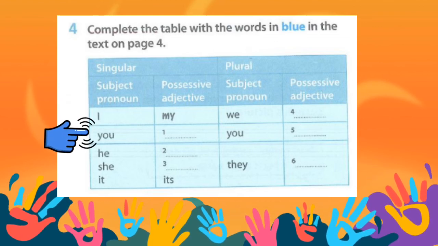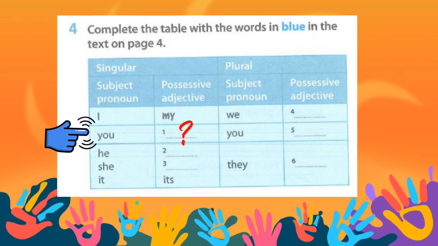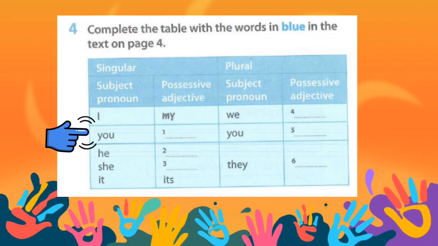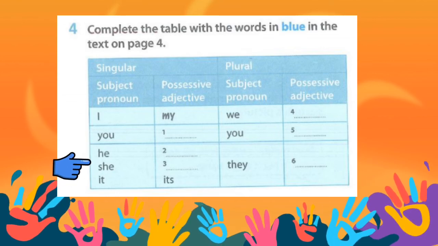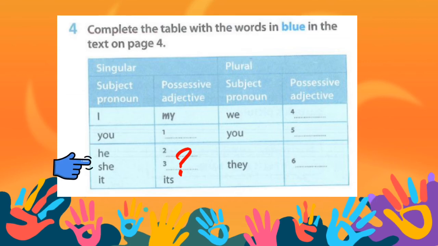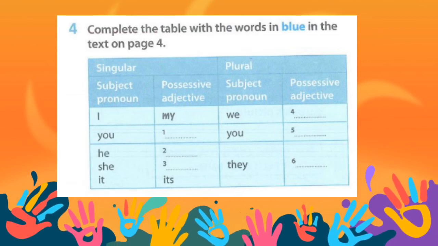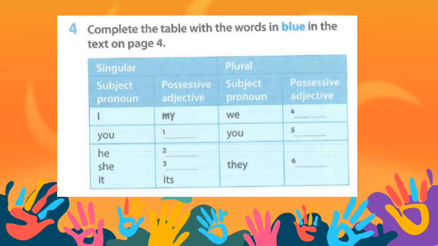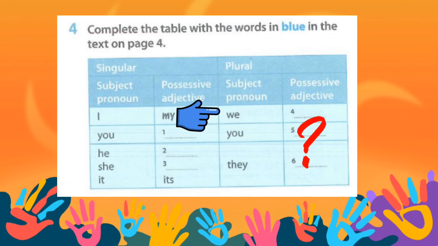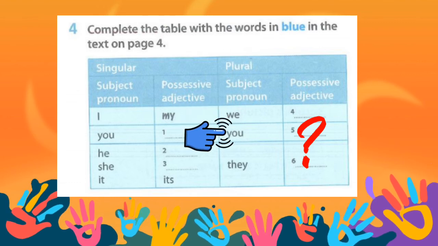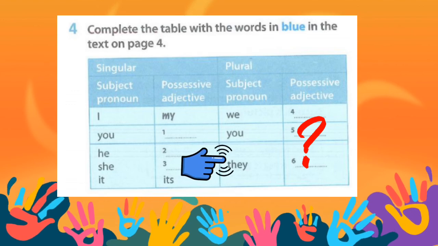Subject pronoun you, possessive adjective. And then subject pronoun he, she, and it. You write down what are the possessive adjectives for these subject pronouns. Next, the other side is the plural form. For example, we, you write down the possessive adjective. You, what is the possessive adjective? They, what is the possessive adjective? That's it.